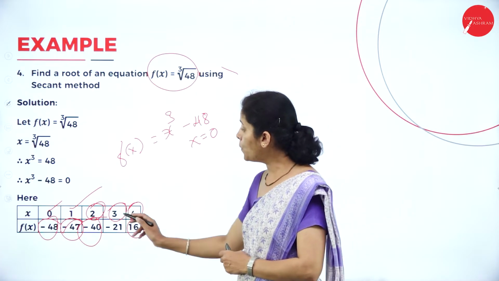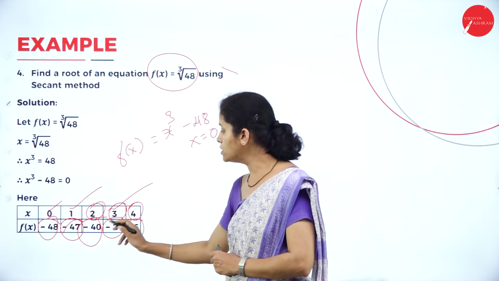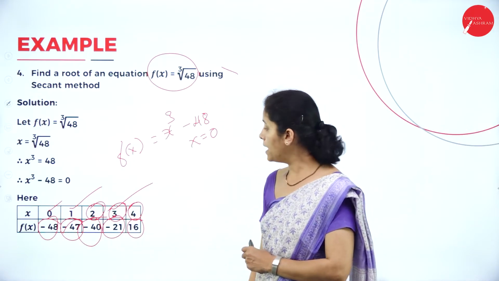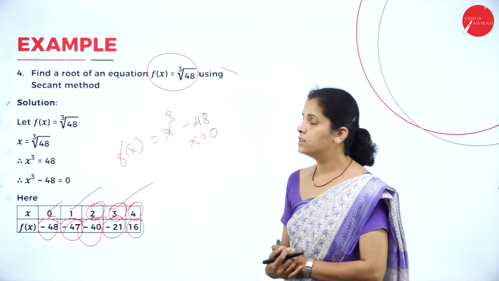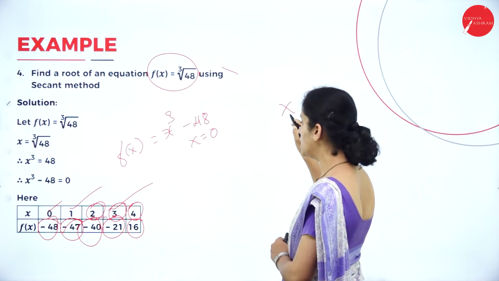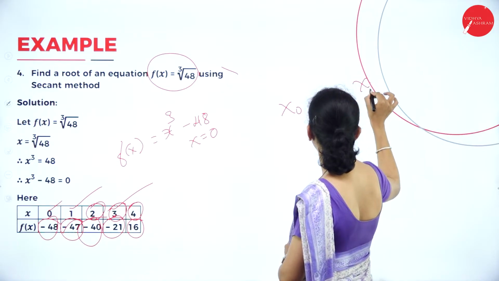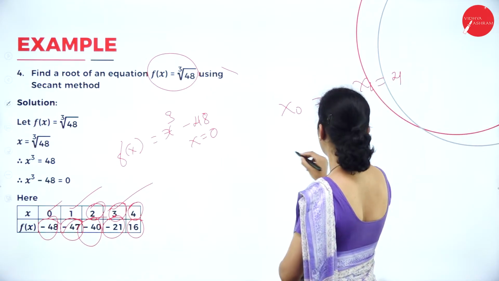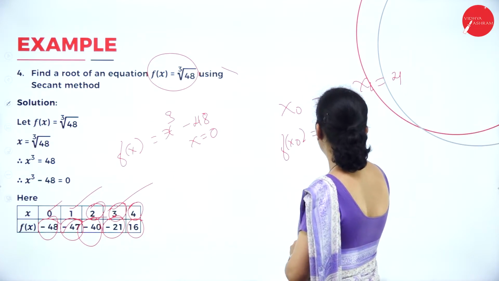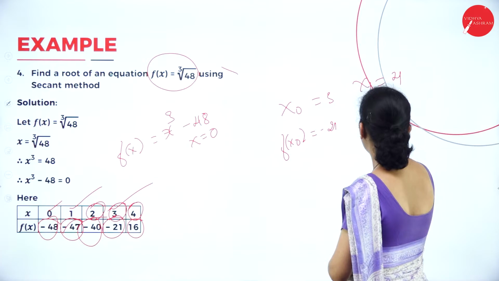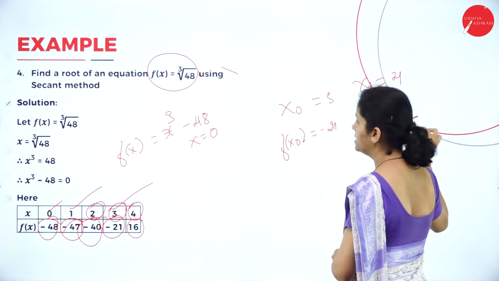See here, when x equal to 3, I got minus 21, and when x equal to 4, I got 16. Now, the roots are x naught is 3 and x1 equal to 4, and f of x naught equal to minus 21 and f of x1 equal to 16.